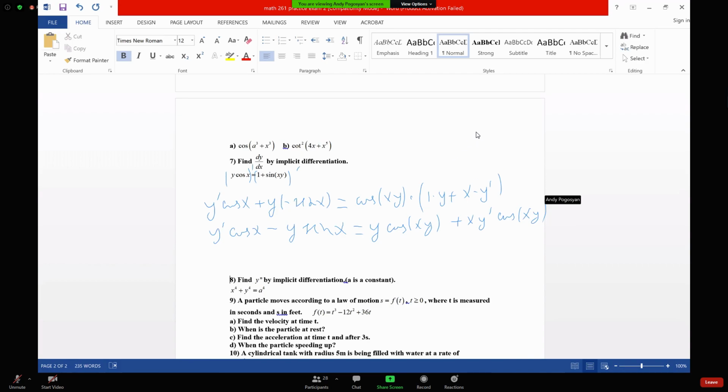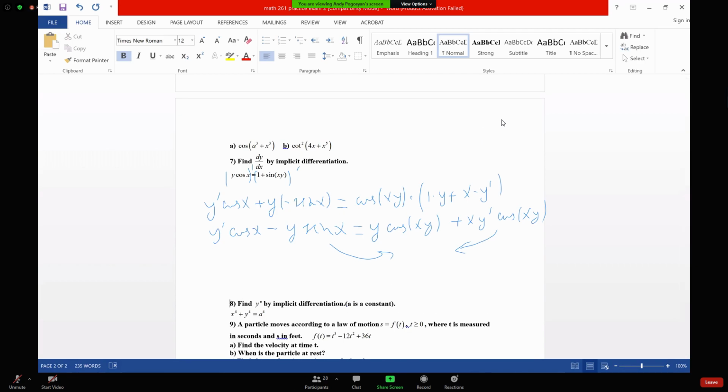Now move this to the right hand side, this one to the left hand side. So let me do this. You have y prime cosine x minus x y prime cosine xy equals y times cosine xy plus y times sine x.